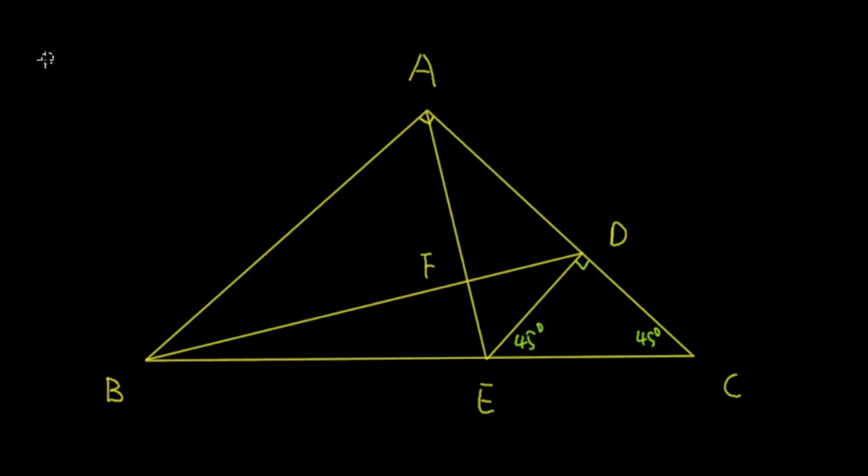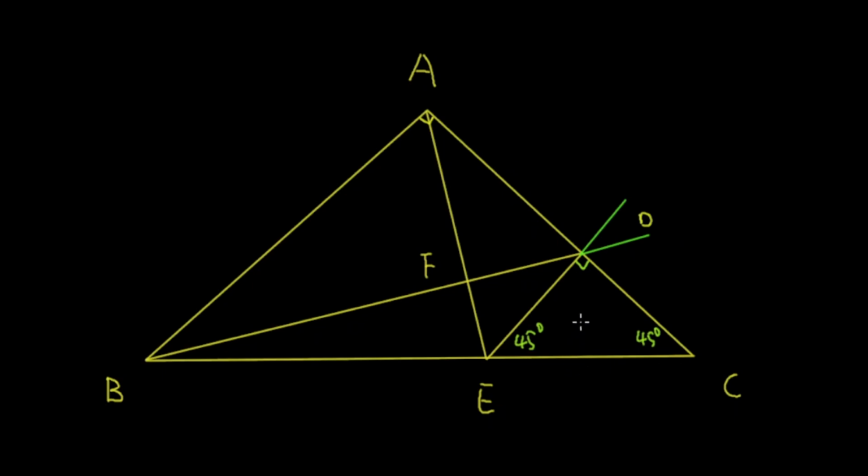To do this, I will first erase the letter D, but we know that this here is D. Let me extend this line here and this line here. And then we will put D here so that we don't forget.